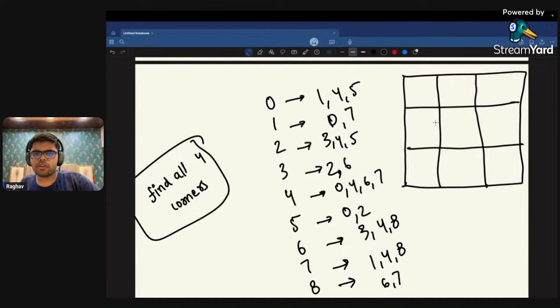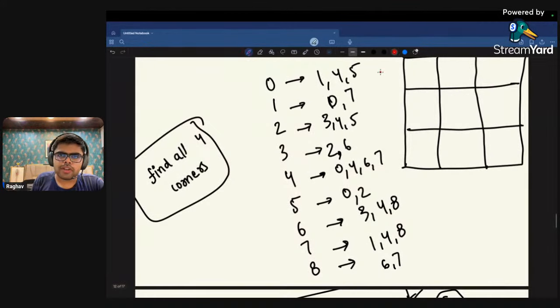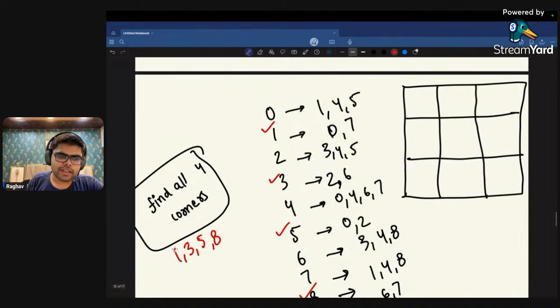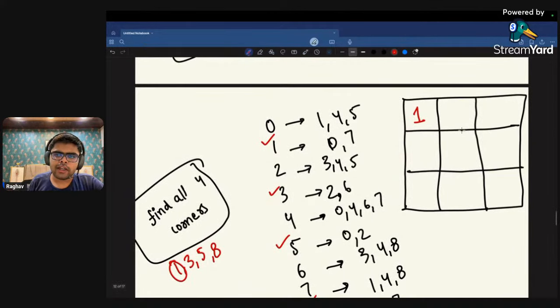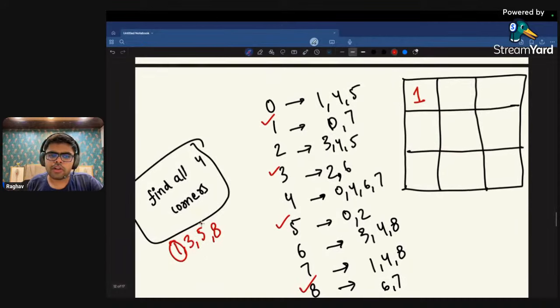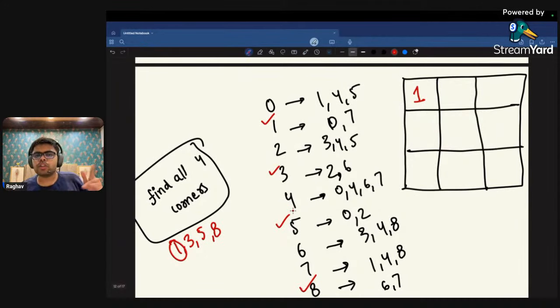So first of all, let's find out all the corners. The 4 corners are 1, 3, 5, and 8. Let's consider 1 to be placed at this place. And among the other 3 corners, let's find out the closest one.